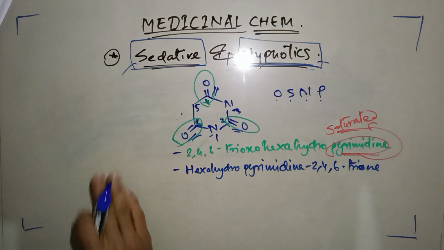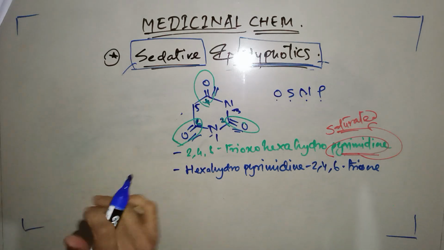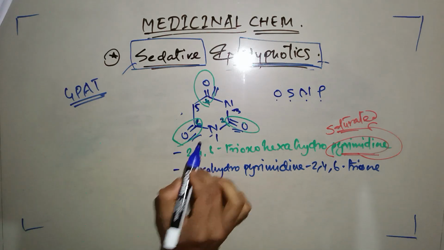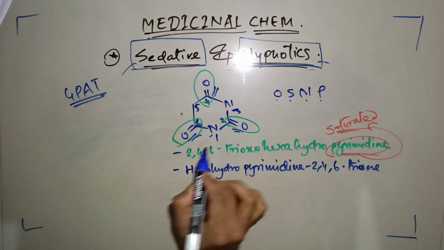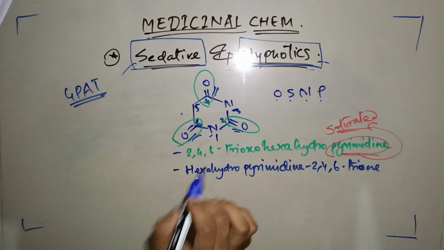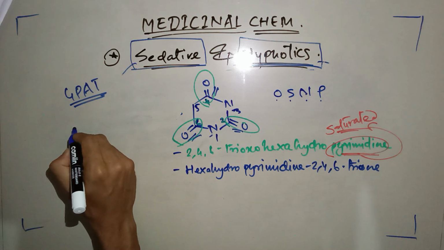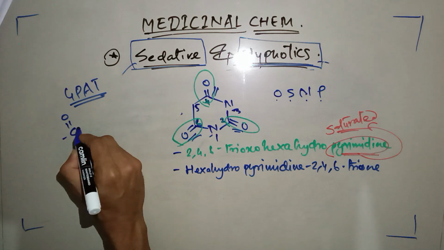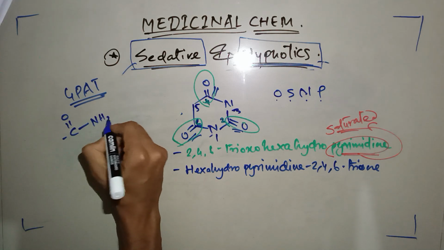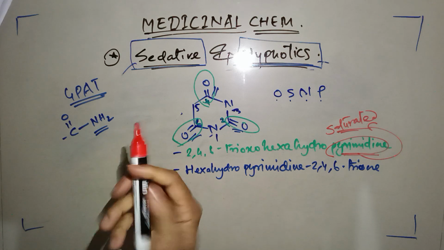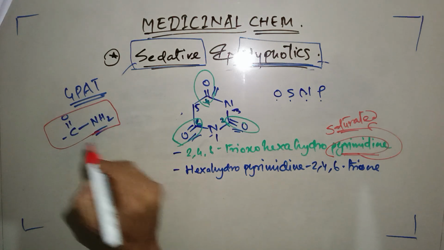The most important point from the point of view of GPAT is, which derivative is barbiturate? The barbiturate is an amide derivative. You know what an amide is? When a carbonyl group is present along with NH2, this is called amide. Can you see this here?